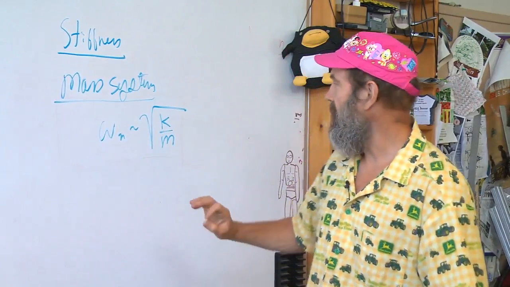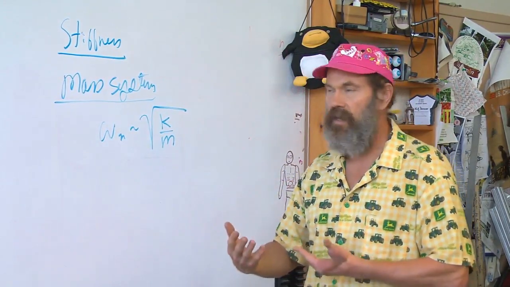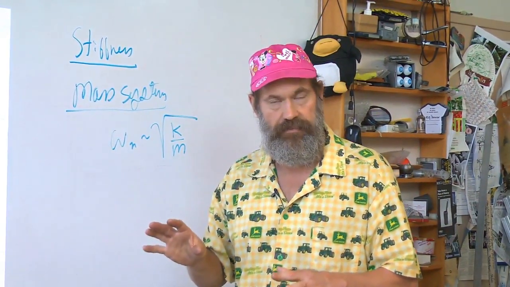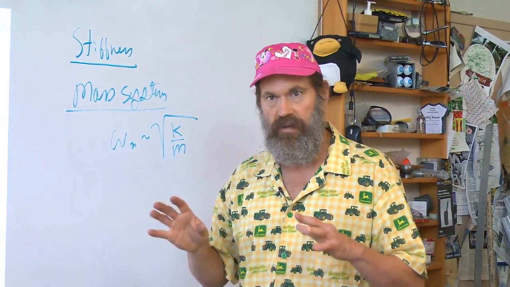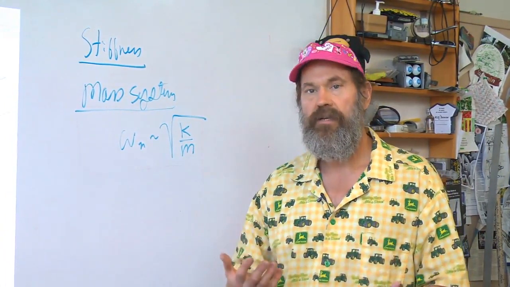At the layout stage, this is all you can do. As you get into the detailed design phase, then finite element modeling can be very, very valuable in starting to predict much more accurately what the vibration mode shapes and the natural frequencies are.